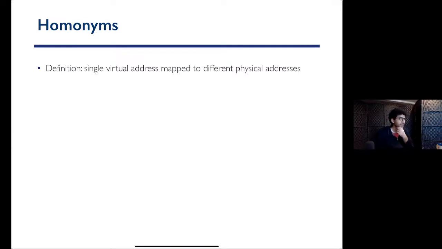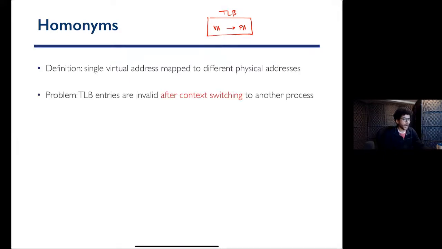Now, why might this cause problems with TLBs? Well, if in my TLB I save a virtual address to physical address translation, then after I do a context switch, the next process could use the same virtual address, but the translation I have in my TLB is valid only for the previous process.